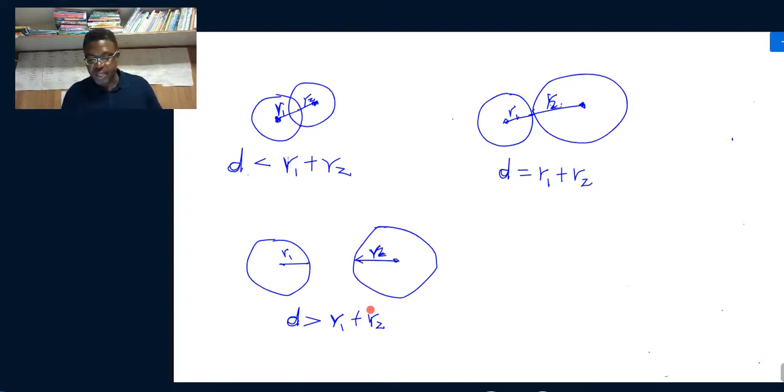Okay, and then on the other section we're talking about a radius and a tangent. You also find this in Euclidean geometry. A radius and a tangent.